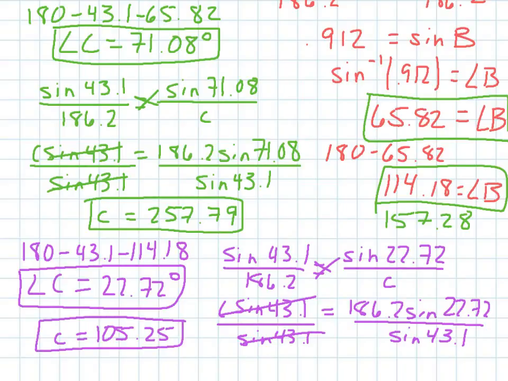Okay, so you have one set of answers with angle B of 65.82, angle C 71.08, and side C is 257.79. The other set of answers is for angle B is 114.18, angle C is 22.72, and side C is 105.25. So that's a two-solution scenario.